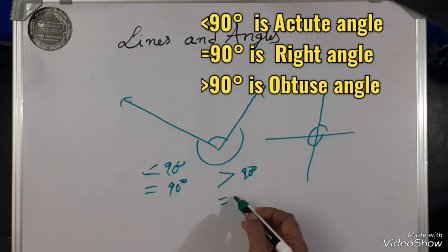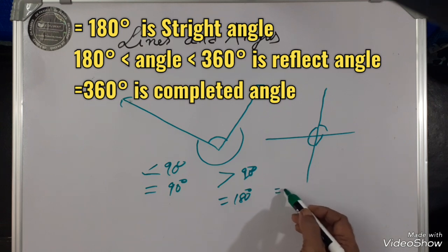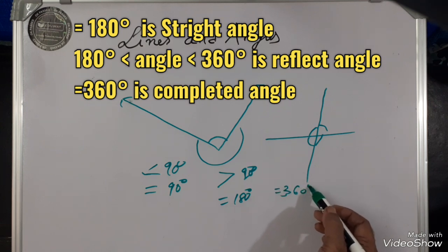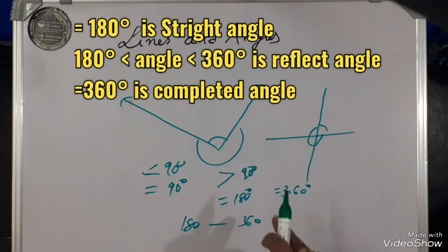Straight angle, which is equal to 180 degrees. Complete angle, which is equal to 360 degrees. And reflex angle, which is between 180 and 360 degrees. All this you have studied in 6th class.